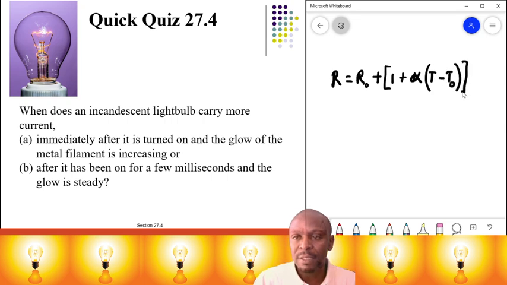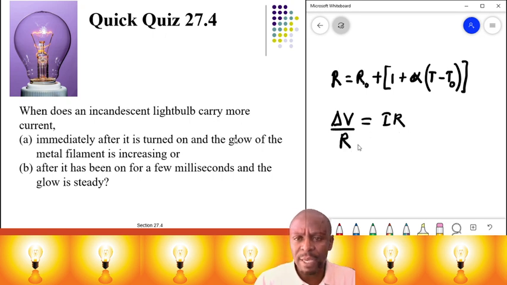Now, in the case of this incandescent light bulb, what is going to happen when this light is at room temperature? At room temperature, the resistance will just be low. And I also want to remind you about Ohm's law, that is V equals IR. Do you see that the relationship between the current and the resistance is actually inversely proportional?